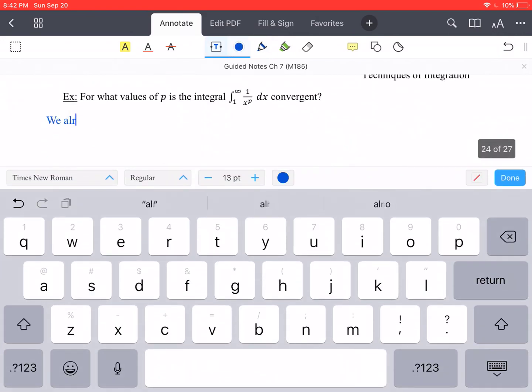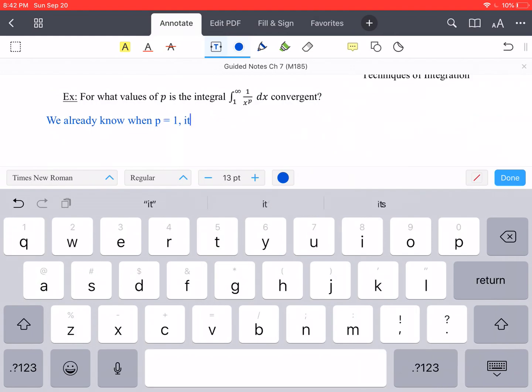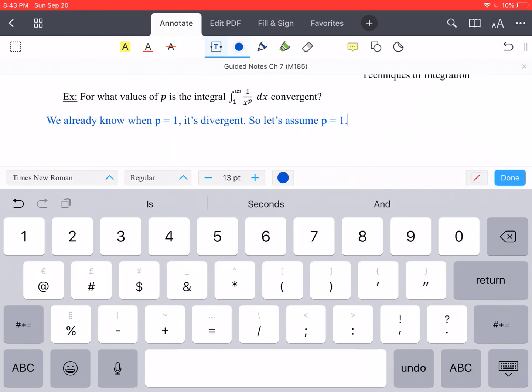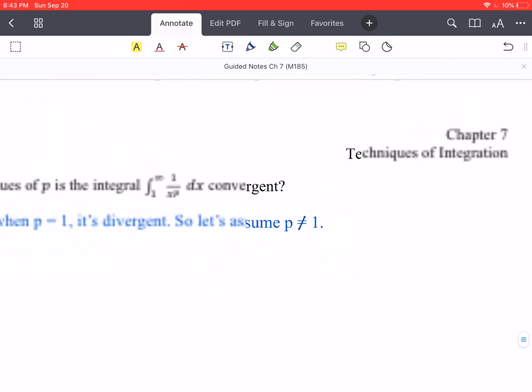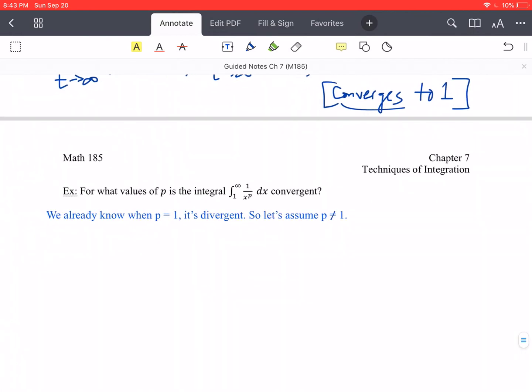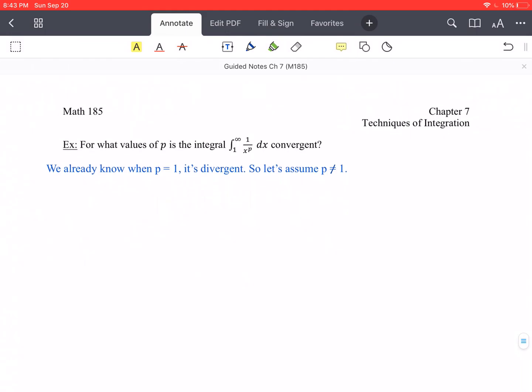Based on what we already know, when p equals 1, it's divergent, because that would just be 1 over x, and that was two examples ago; we saw that it was divergent.